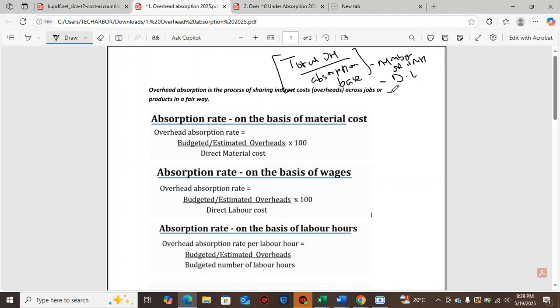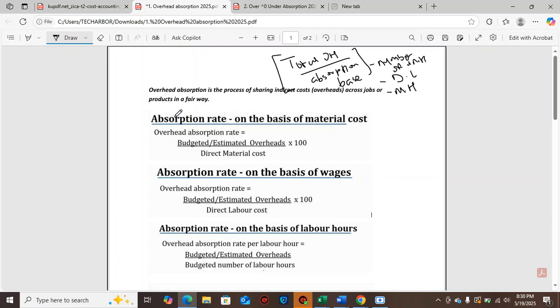You can also use machine hours. Because this overhead absorption rate is just your overhead cost per unit. Colleagues, the overhead absorption rate is just your overhead cost per unit.